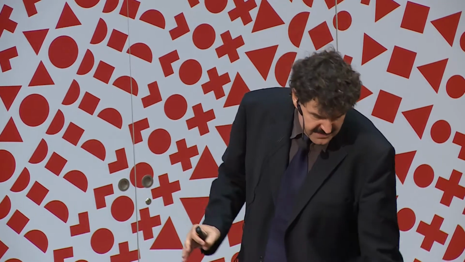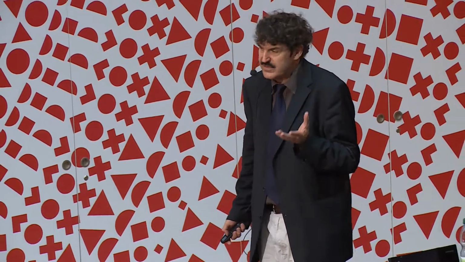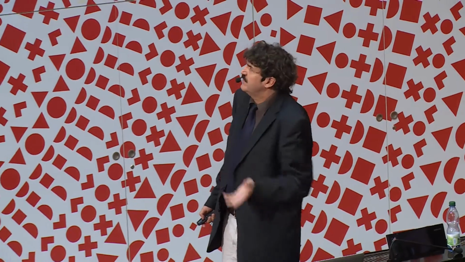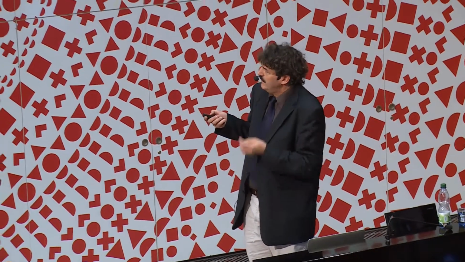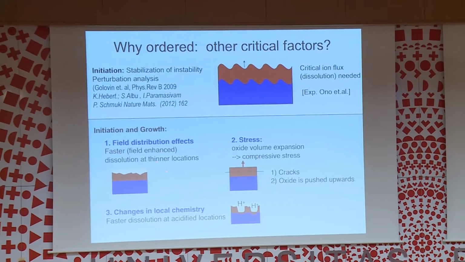So at the moment, this model is not bad. It predicts the formation of the self-organized structures quite well. But there are other factors that are still not in the model, which strongly affect the growth too. There are field distribution effects.